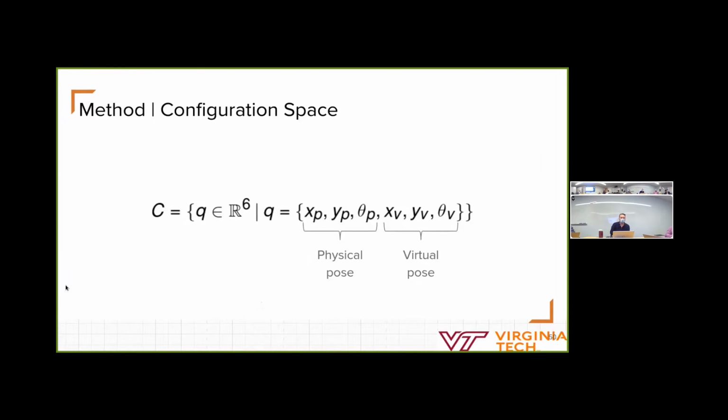So what we're interested in is actually using the virtual environment and the physical environment together in order to achieve this alignment notion. So the configuration space that we're going to work with is actually 6-dimensional. It's going to comprise both the physical and the virtual environment and the user's physical and virtual rotation.